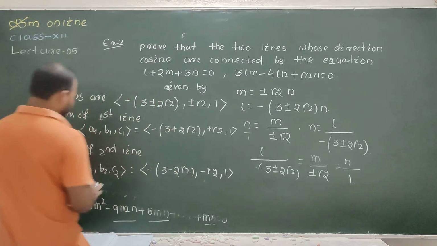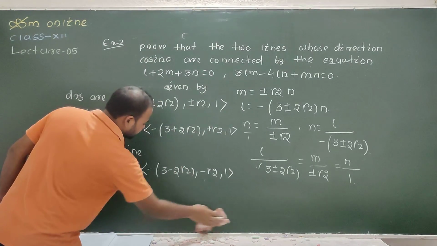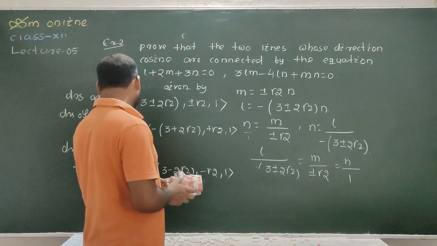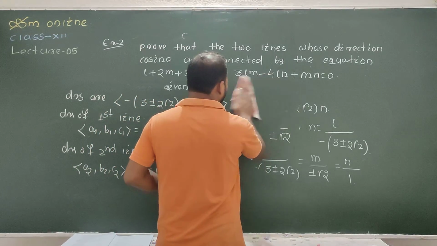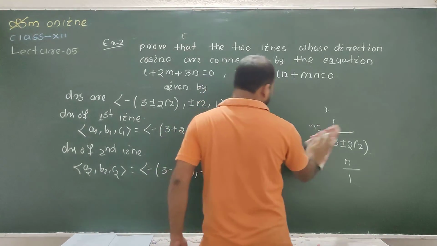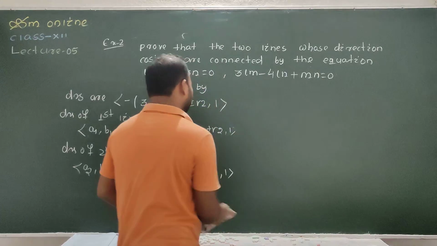These are the DRs of the first line and the second line. Now we have to find the value of A1 A2, B1 B2 and C1 C2, and it must be 0 because we have to prove that the two lines are perpendicular.